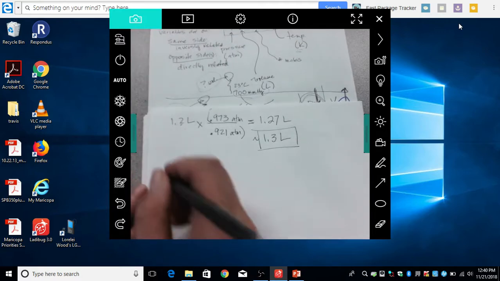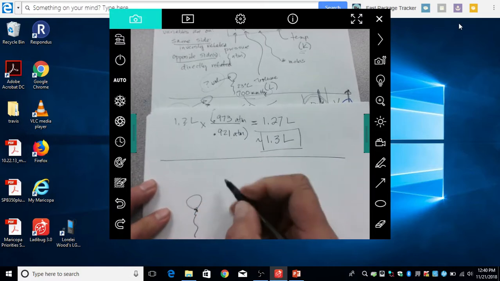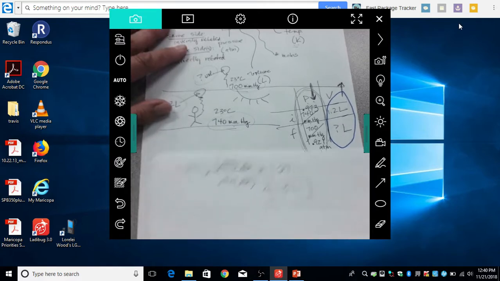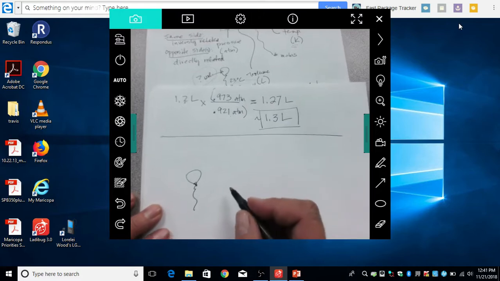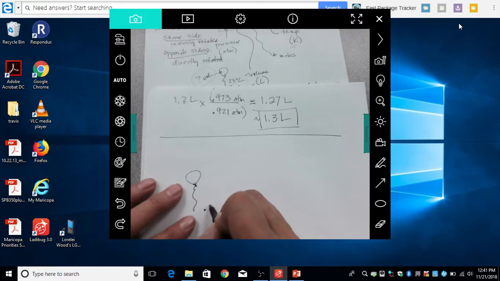Let's do another one. Now we've got that same balloon, but now when it starts out, what did our old atmospheric pressure say? We're going to be up in the Colorado Rocky Mountains when we let this one go. So the initial atmospheric pressure is going to be, we'll say, 0.76 ATMs.